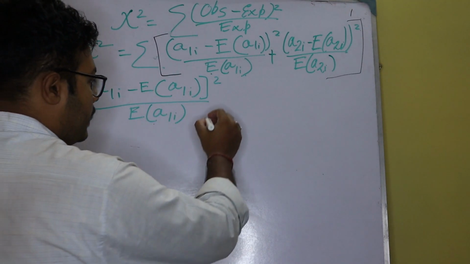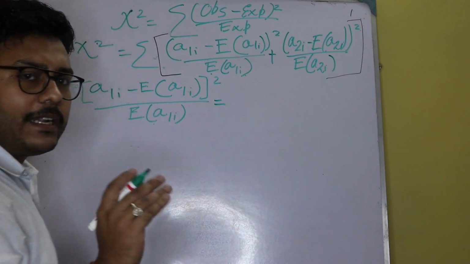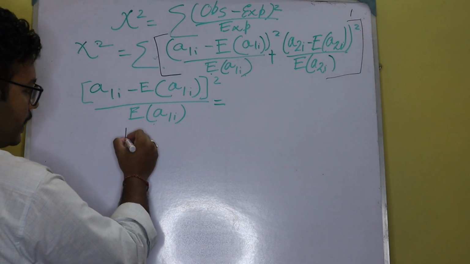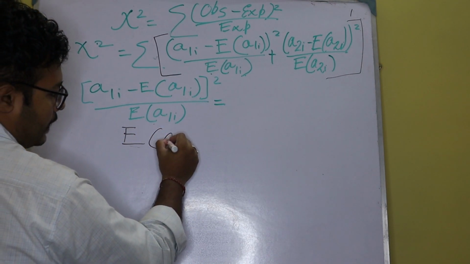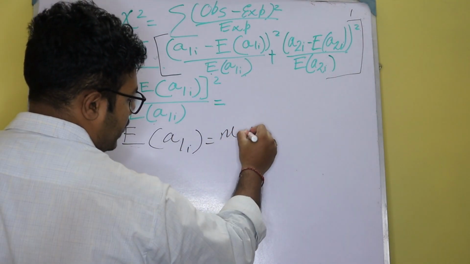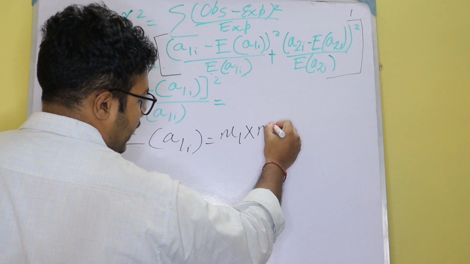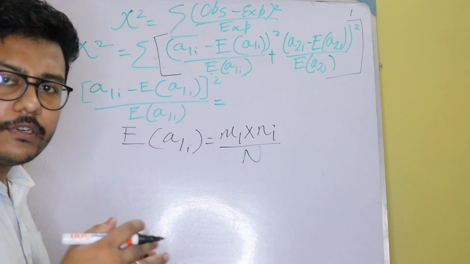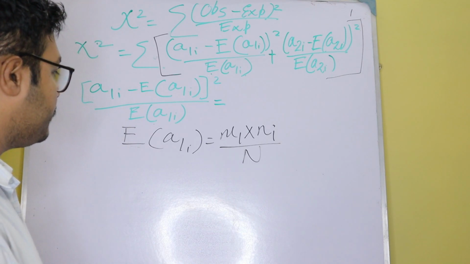Right? What I have told you, E of A of 1i is equal to M1 into Ni by N. This was the thing I have told you previously also.